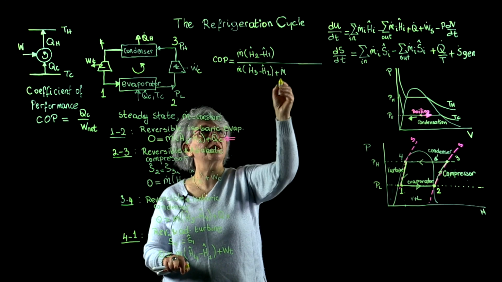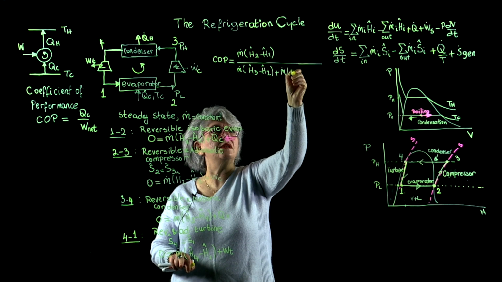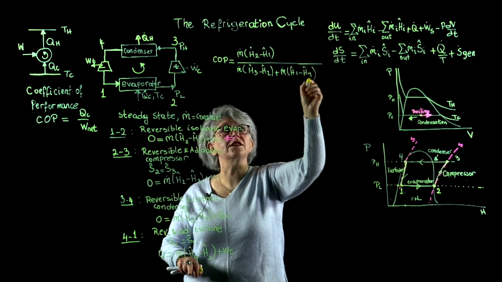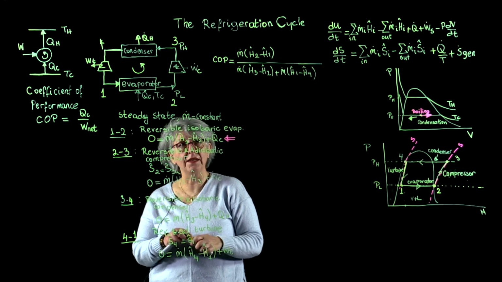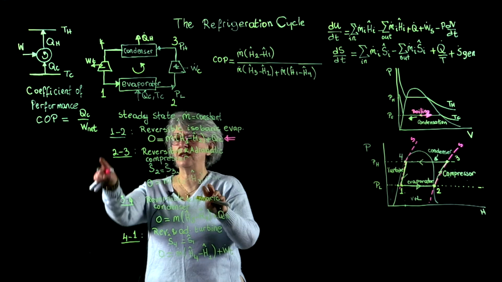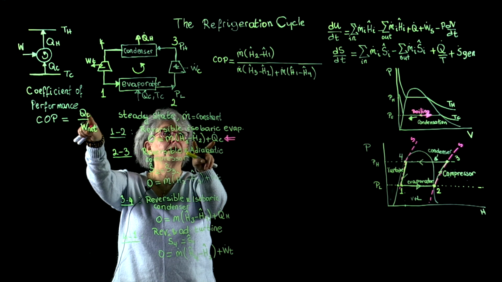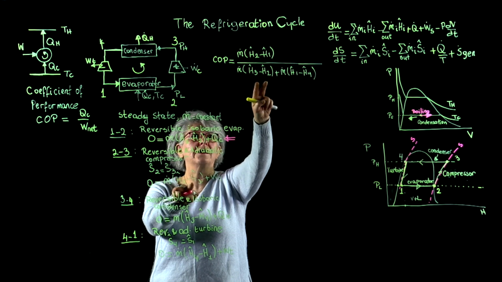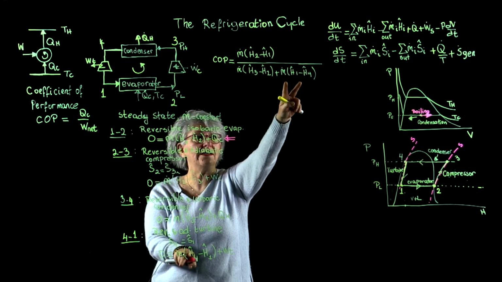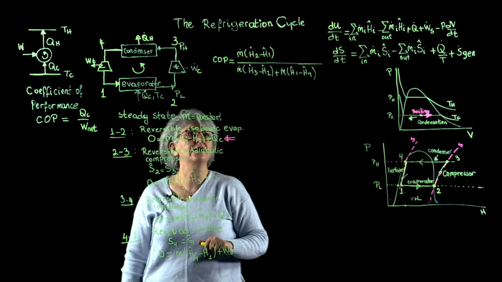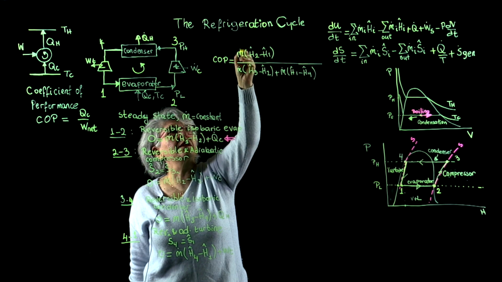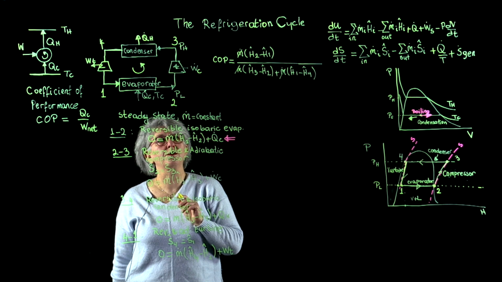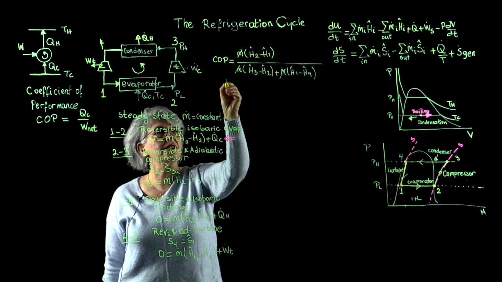Turbine work is m dot H1 minus H4. So let's check if we have everything correct and in place. M dot H2 minus H1 is Q sub C. M dot H3 minus H2 is the compressor work. M dot H1 minus H4 is the turbine work. And those m dots cancel. All right. And this is our coefficient of performance for the Rankine refrigeration cycle.